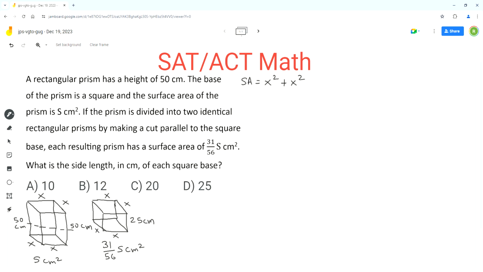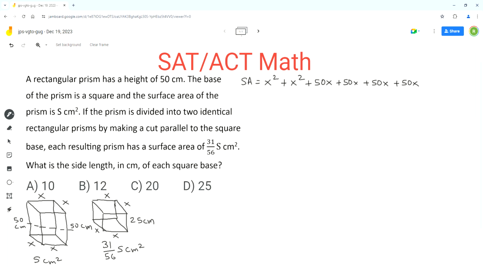Each of the 4 vertical sides has an area of 50x because each of these 4 vertical faces has a length of x and width of 50 centimeters. So this is the expression for the surface area of the bigger prism.